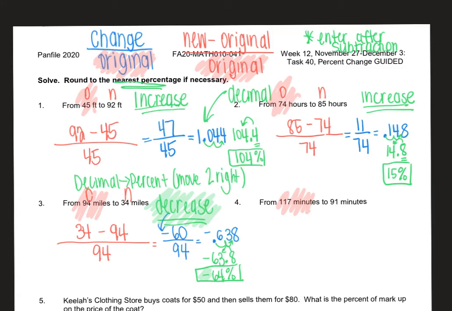All right, number 4, we have our original being 117, and we have our new being 91, because I've gone from 117 down to 91. I'm going to plug it into my formula, but I know that this is, again, a decrease. And I get 91 minus 117, new minus original, and I put it over the 117.